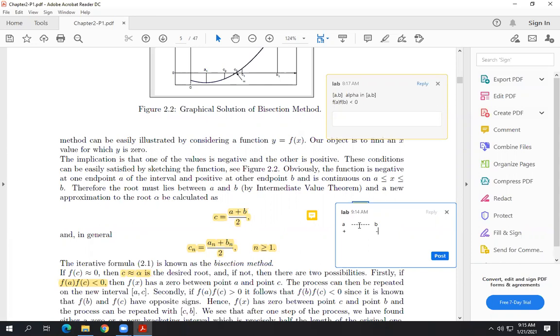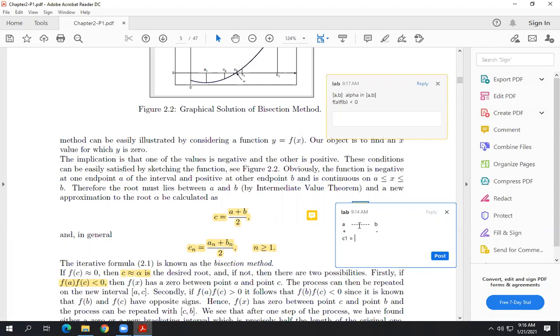And when the solution exists inside the interval, you are ready to find its approximation using the bisection formula, which you call c1, or x1, whatever you like. In the book, I say c.